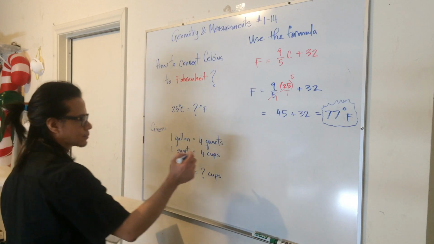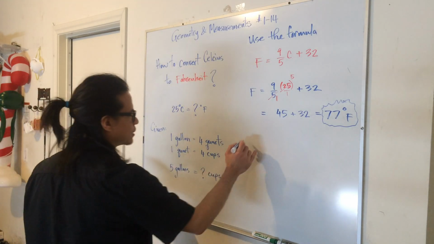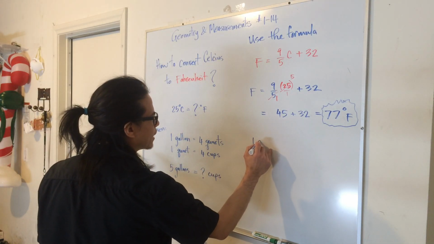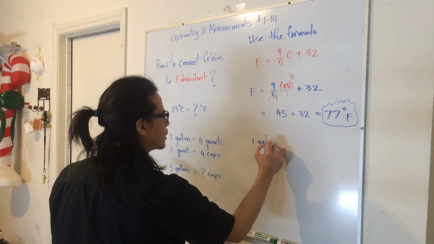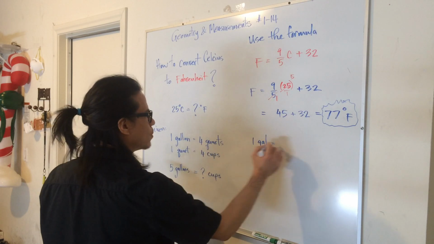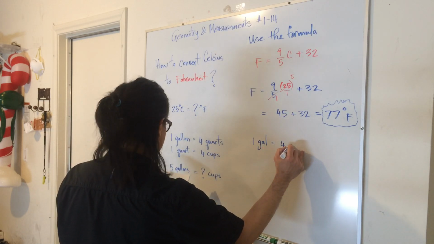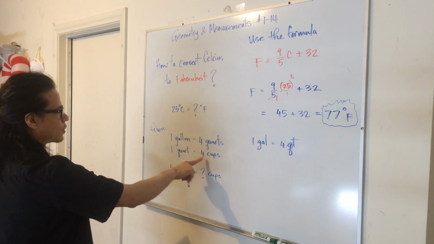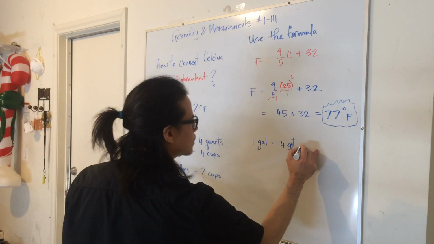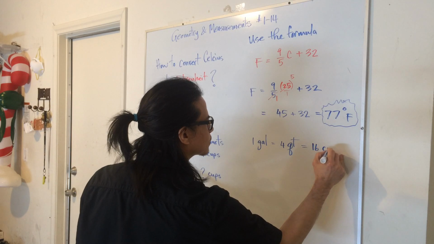So one way to look at it is 1 gallon. Let's see how many cups are in 1 gallon. 1 gallon is equal to 4 quarts. 1 quart is 4 cups. So 4 quarts is 16 cups.